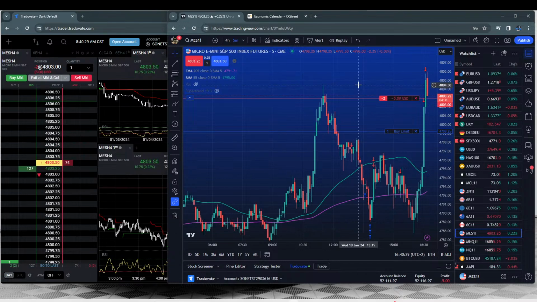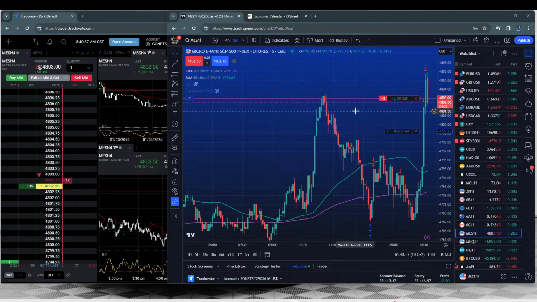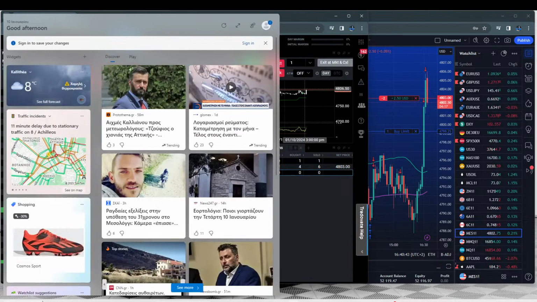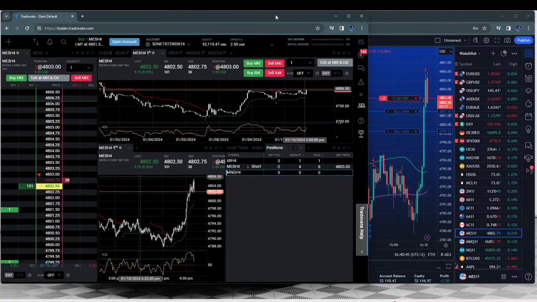We see some signs of rejection of the break higher. Let's see. Quickly price moving lower. 1.5 is the first level.